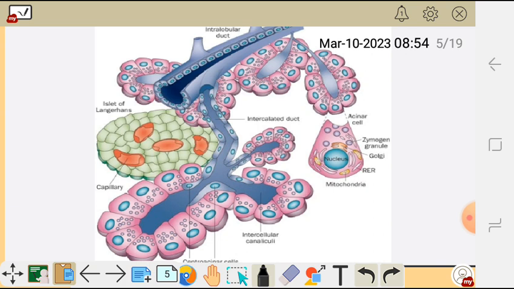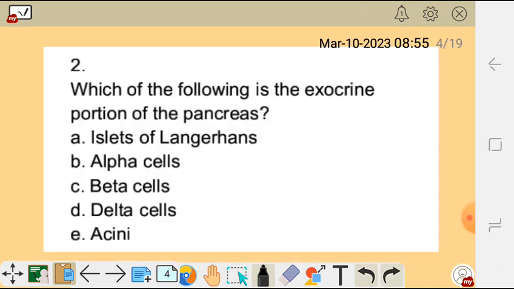Now, the acini cells make the exocrine portion of the pancreas, and these clusters of cells are called islets of Langerhans, which form the endocrine portion of the pancreas, and they secrete their content in the capillaries there direct into the bloodstream. So the exocrine portion of the pancreas is what we call the acini. So the correct answer here is E.